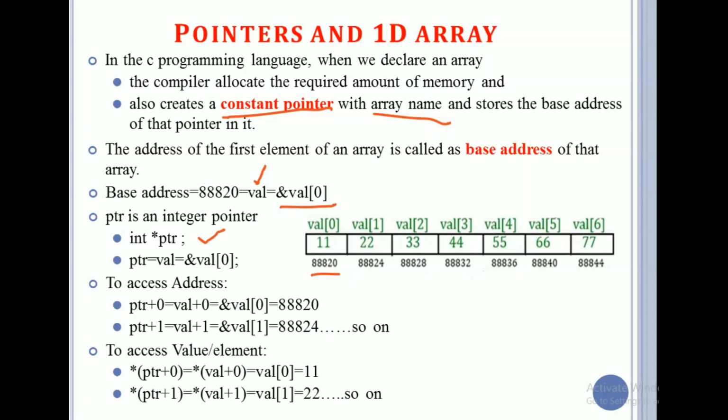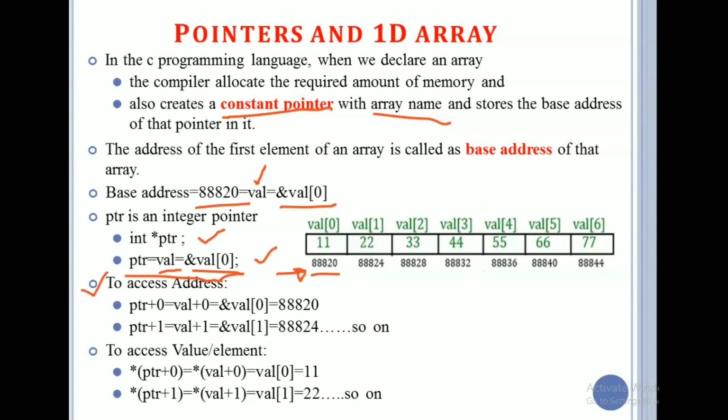As I know that pointers are used to hold the address of another variable, I can make a statement like PTR holds the value of VAL, because VAL is already holding the base address of our array. So I can write PTR equal to VAL, or PTR equal to address of VAL of 0, that is, the address of the first element. All these three give the same answer, 8820.